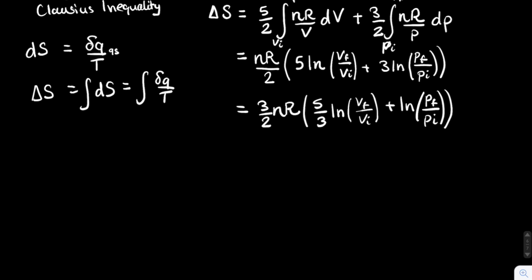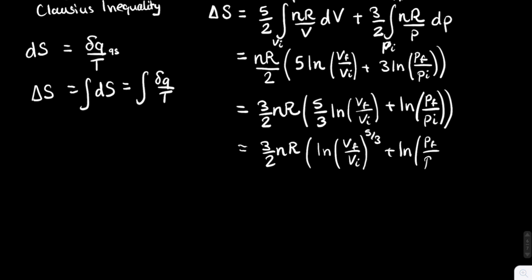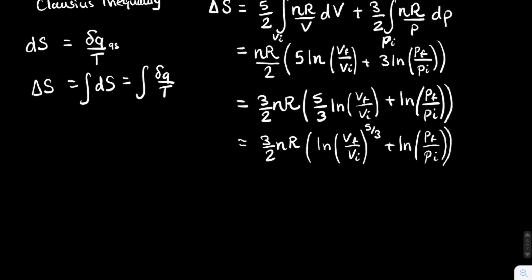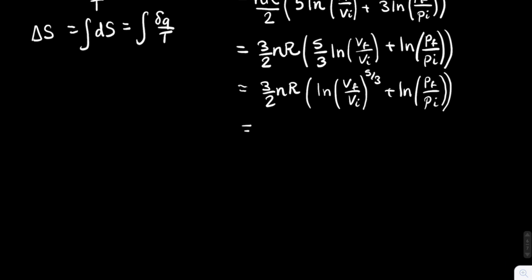And now I'm going to use the law of logarithms to write that 5/3 ln Vf over Vi. The 5/3 simply comes up to the exponent, and so I'm going to get the log of Vf over Vi to the power of 5/3 plus the log of Pf over Pi. And now we can use the additive rule of logarithms to show that this goes to a single log.